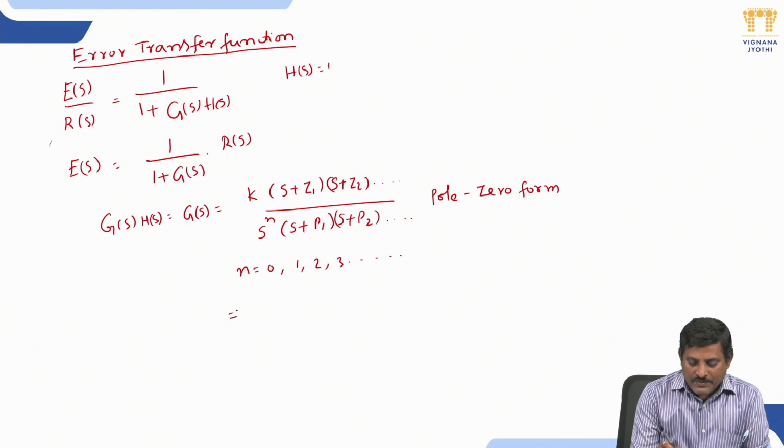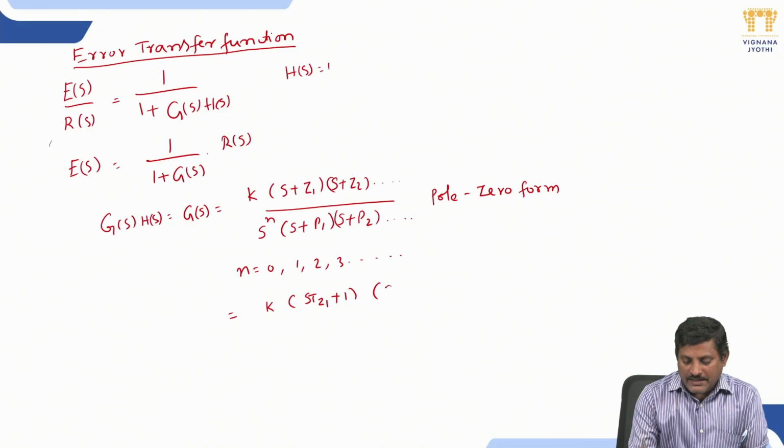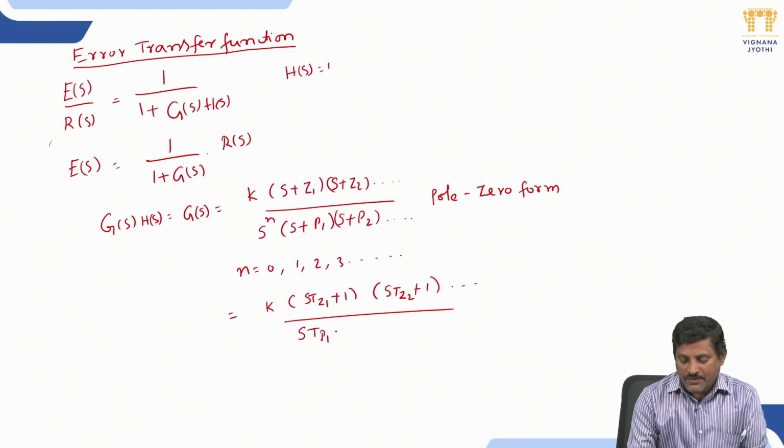At the same time, the same transfer function can be represented in another approach, that is (s T z1 plus 1) into (s T z2 plus 1) etc., by (s T p1 plus 1) into (s T p2 plus 1) etc., into s power n.